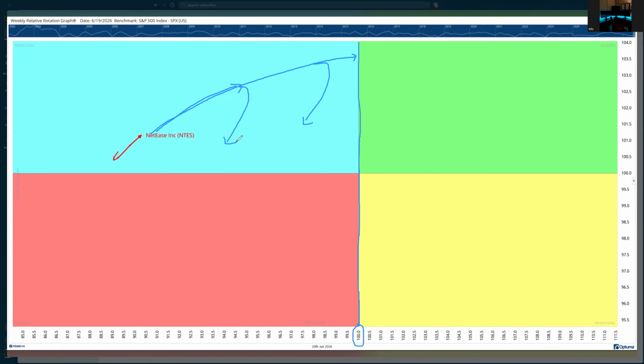Right? So each week, it tells us, okay, is the money flow, this is the money flow right here that you look at in real time. Technical is on the other side. Is this rotation improving?